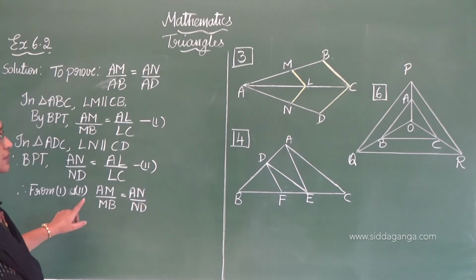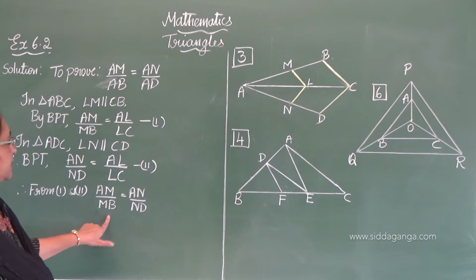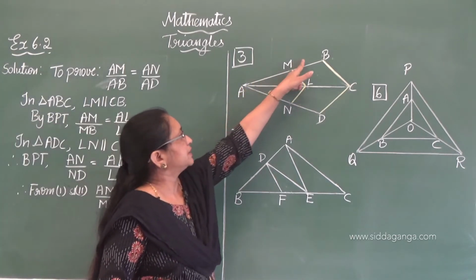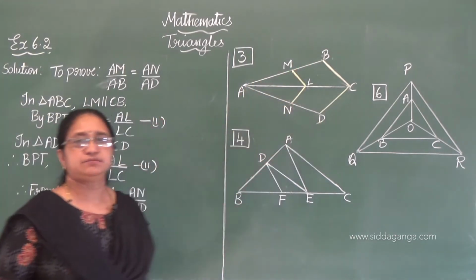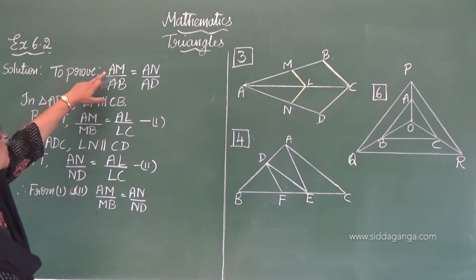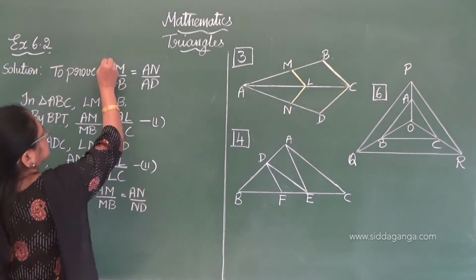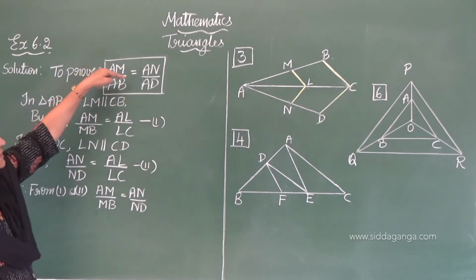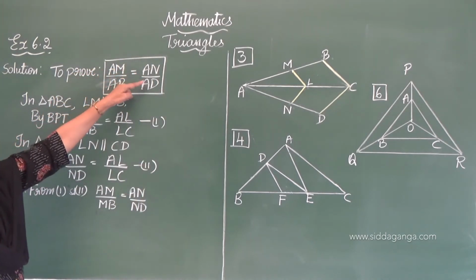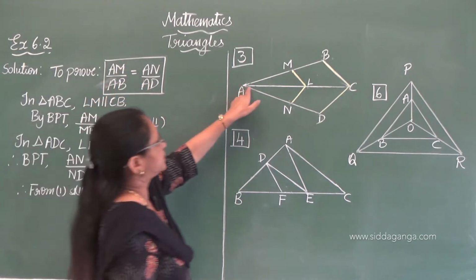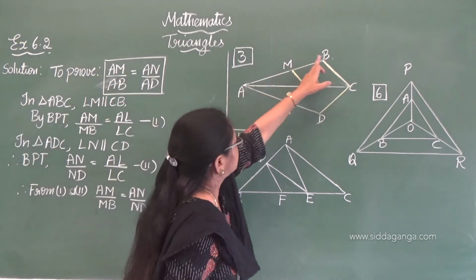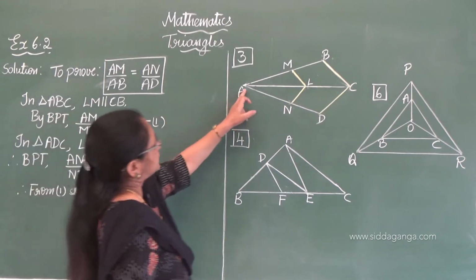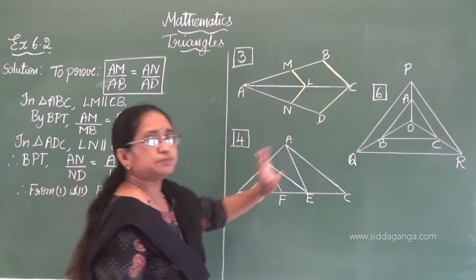But we need to prove that AM by AB is equal to AN by AD.